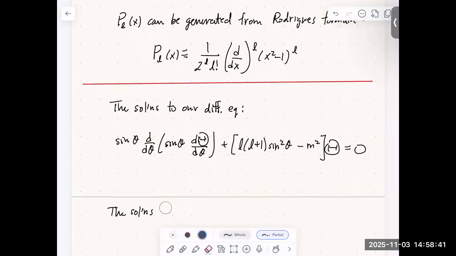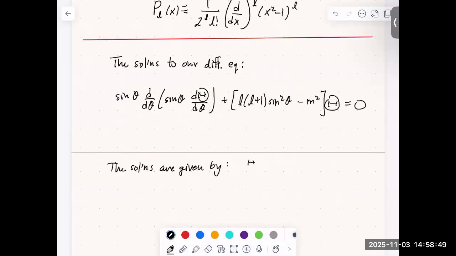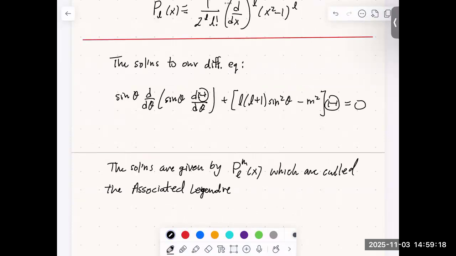So our solutions are this capital Theta, and it is equal to P_L^m of x, which are called the associated Legendre functions.